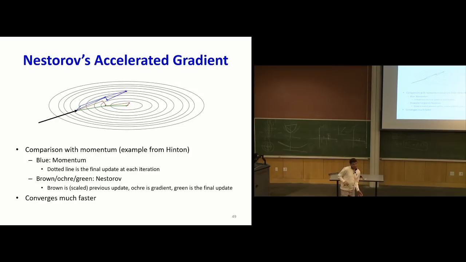Nesterov's method is provably optimal under various conditions. There's a very nice paper. I wish I could explain this, except the last I checked, the very first line in the paper says something like obviously, and makes a statement, and it took me half a day to convince myself that it was obvious. So anyway, this converges much faster.